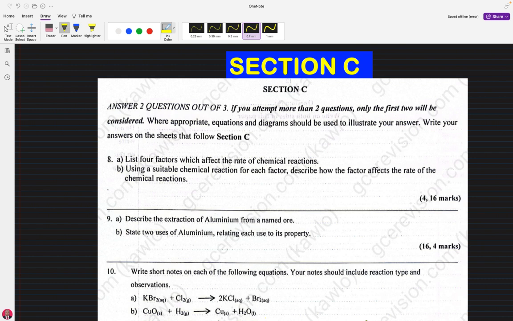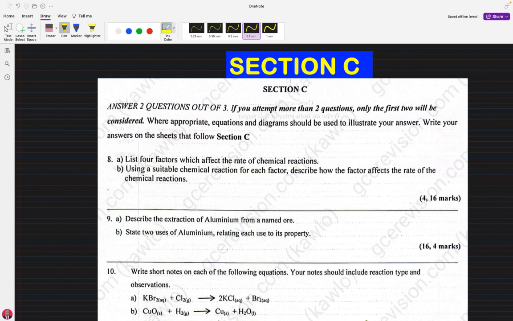You will have to give the advantages of using that ore, the ionic equations occurring at the different electrodes, and tell how aluminium is produced and tapped off from this process.